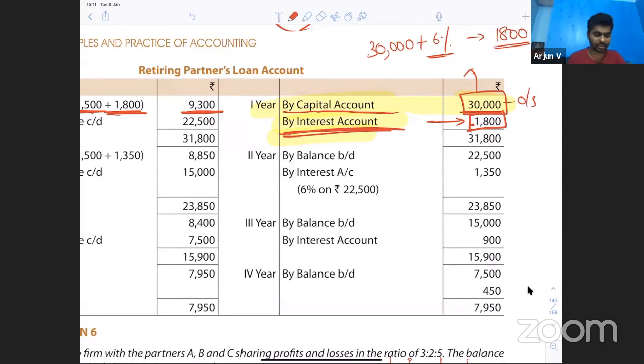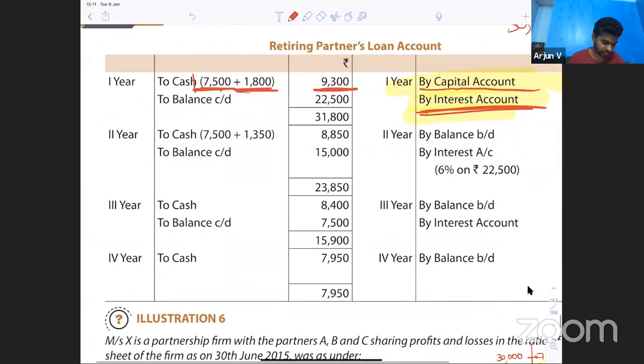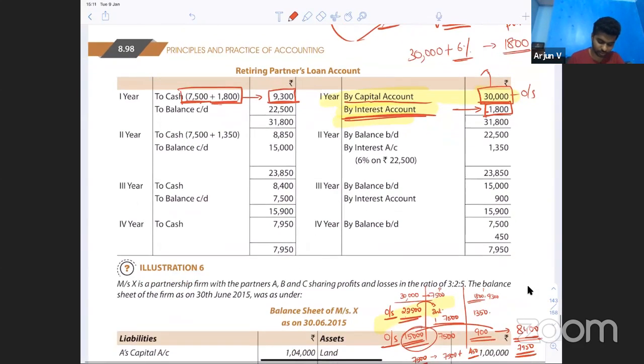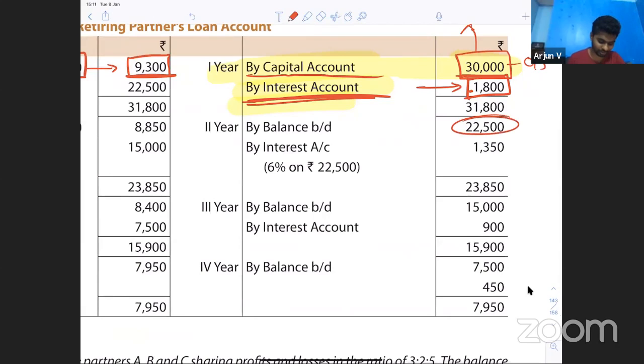I will credit with interest 1,800. Then I will be making a payment of 7,500 plus 1,800, which comes to 9,300. Are you clear? Next year, 22,500 is the outstanding amount, and you would be paying 1,350 interest.